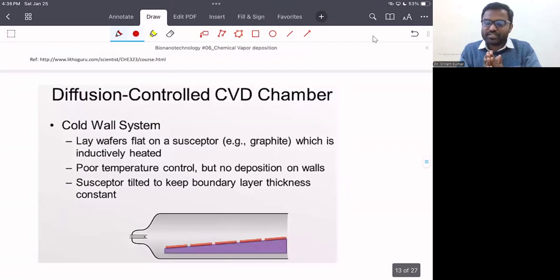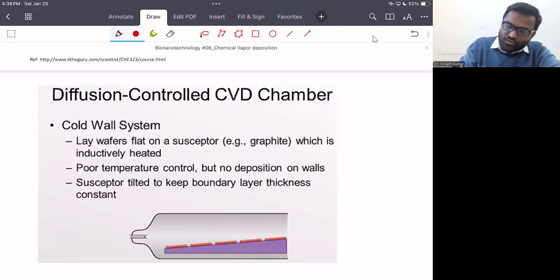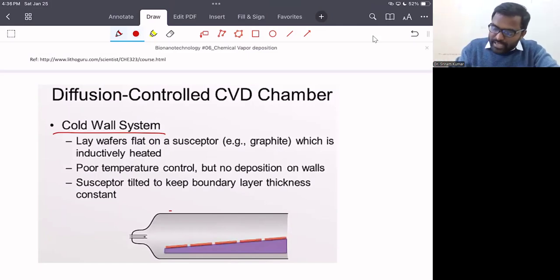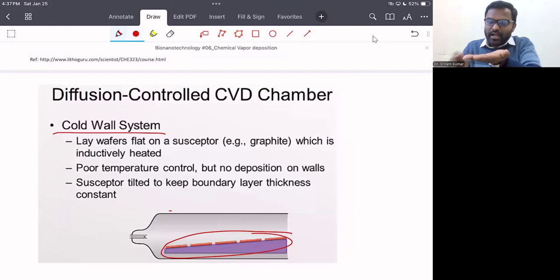And in the diffusion control CVD chamber, since the deposition depends on pressure as compared to temperature, we can use a cold wall system. Here we don't have a heating coil around the deposition chamber, but we have an inclined sample. Suppose you use a flat surface and just flow the precursors.